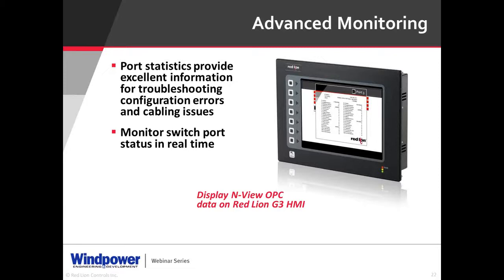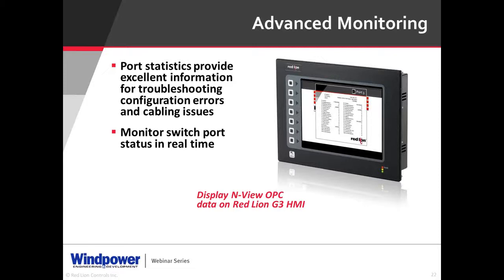These statistics automatically send packets back to an OPC server, and OPC stands for OLE for process control, that gives not only statistics on the switch itself, but port information. It is very useful for troubleshooting configuration errors and cabling issues. For example, it gives information on the number of dropped packets or multicast packets, or whether there's collisions. It's a very good tool remotely for determining whether you're beginning to have some kind of cabling issue.